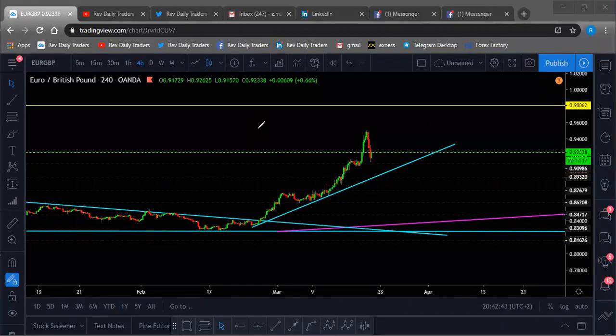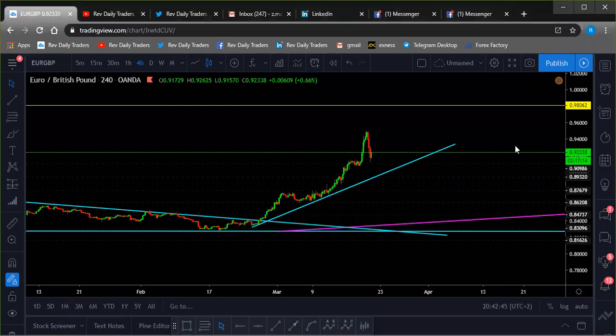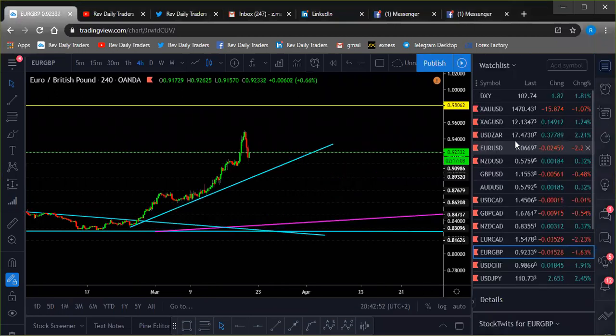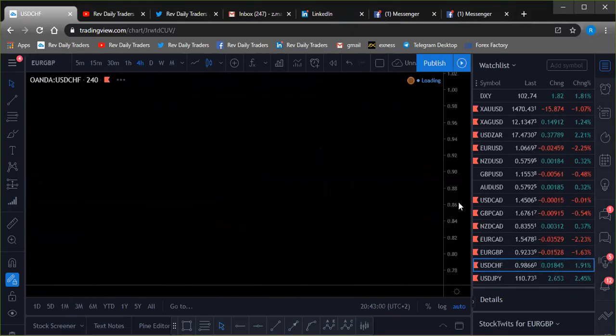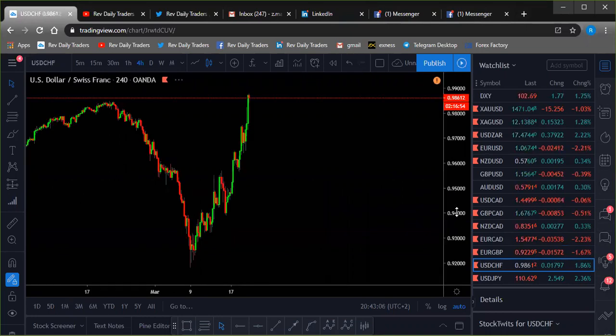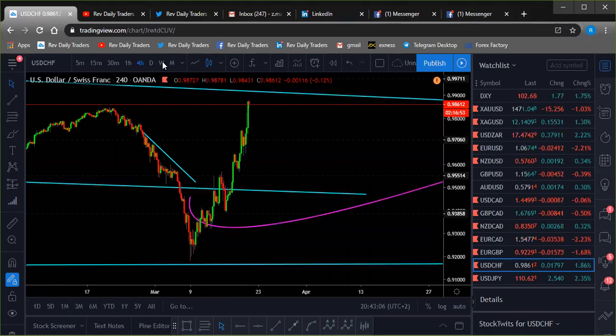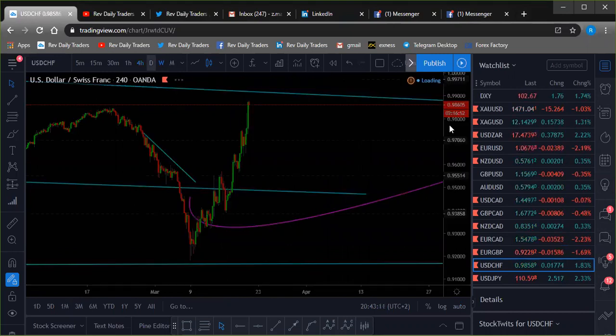We'll move to another currency pair. It's going to be dollar CHF. On dollar CHF, weekly time frame. Let's go to weekly.